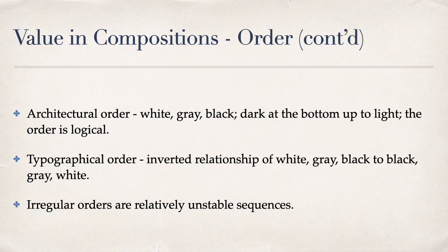Architectural order is white, gray, and black, so it's dark at the bottom, moving up to light. This order is logical. Typographical order is pretty much the inverted relationship, from white, gray, black to black, gray, white.